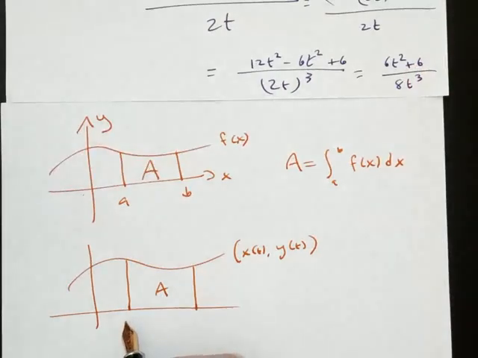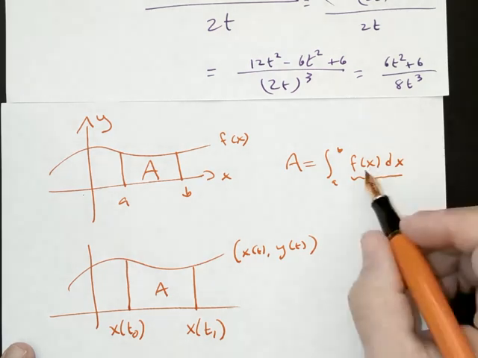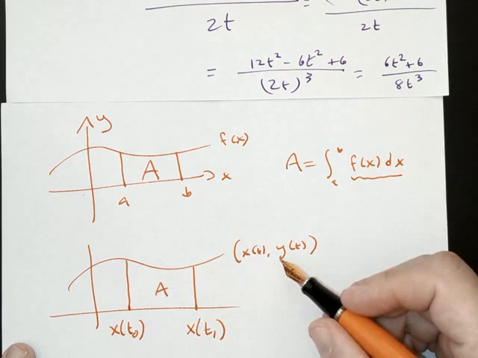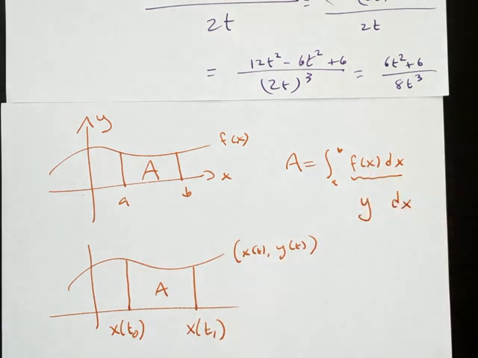That's an x value, isn't it? But it will be x of some t value. And this will be x of some other t value. If I think of these pieces, isn't this describing height? That's y.